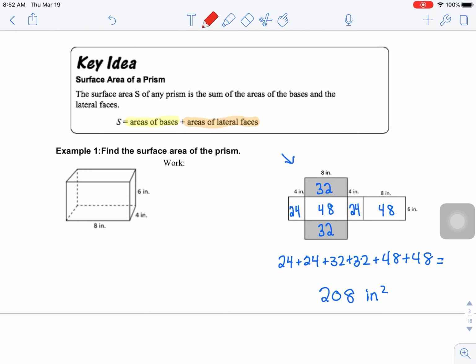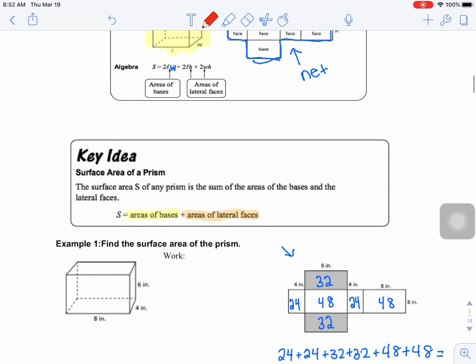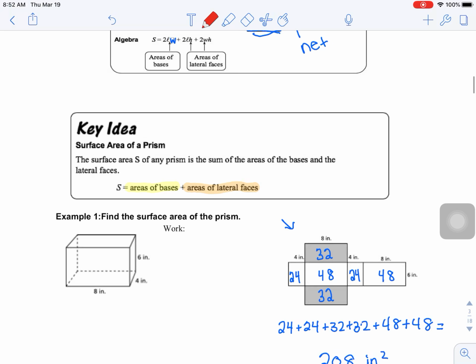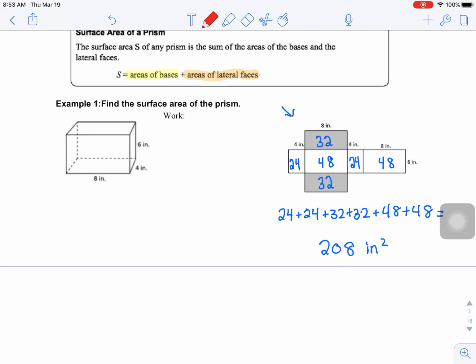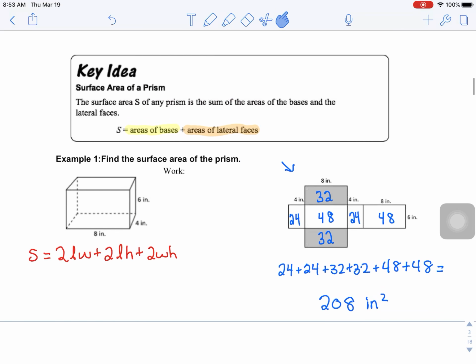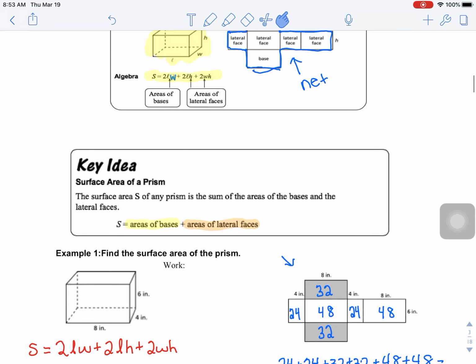If I use the formula to solve this, the formula that we talked about up here, that 2LW, I'll rewrite that down here so we can see it. So we get S equals 2LW plus 2LH plus 2WH, and we can label our pieces.